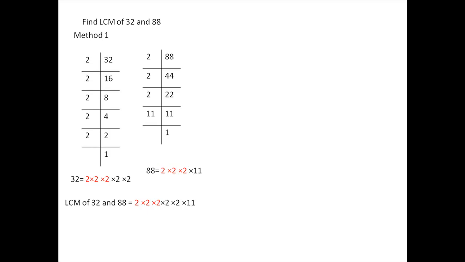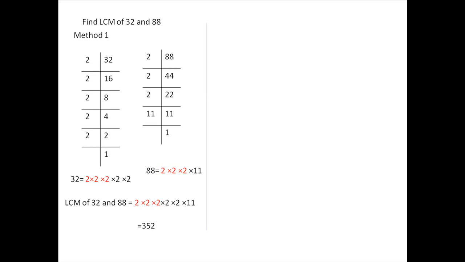The red numbers are written only once, while the next 2's in 32, in black color, I have written after that, and the 11 in 88 I have written as well. In LCM we take the common numbers and then the non-common numbers and multiply those numbers to get the LCM. So the LCM of the above numbers is 352.